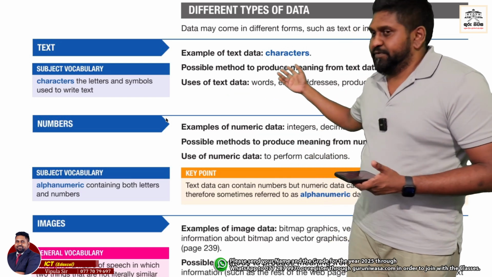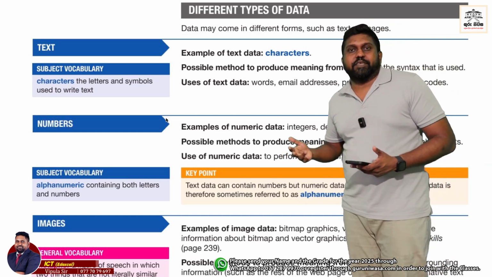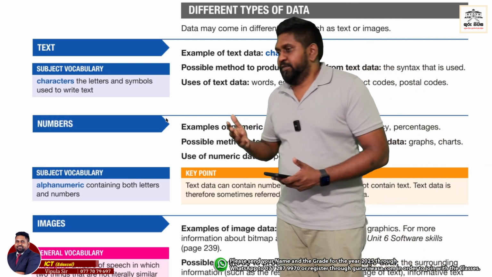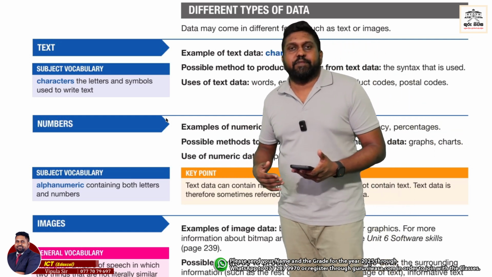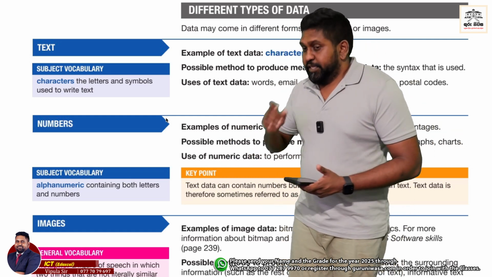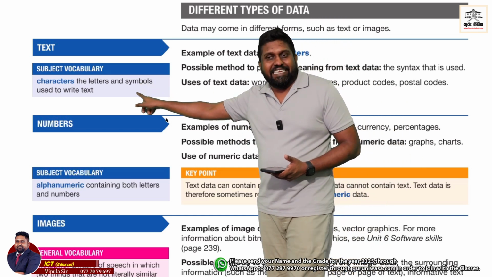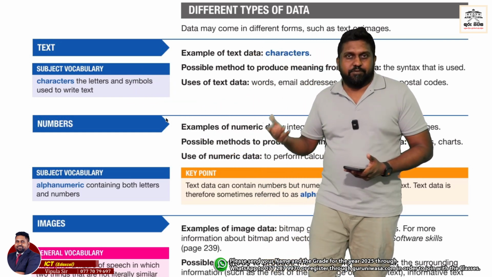It can be from written content, reports, books, whatnot. It can come from multiple sources. The only thing is we need to make sure that it contains characters. Characters and symbols are used to write text.